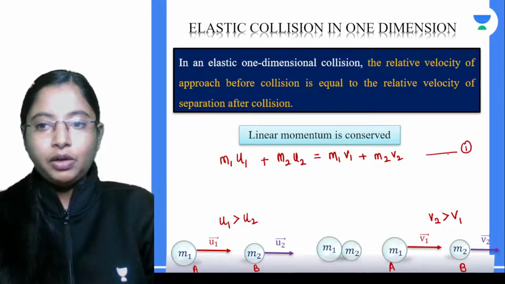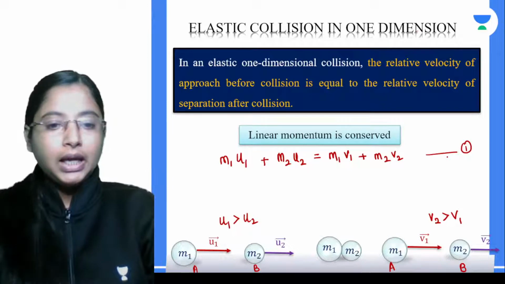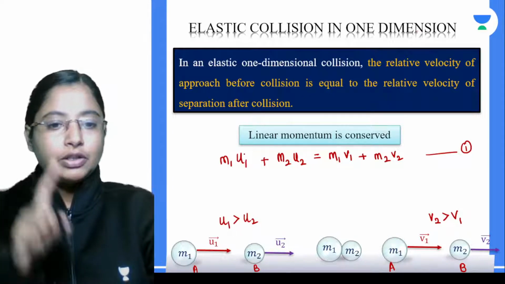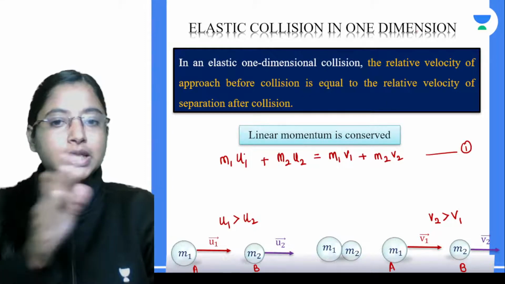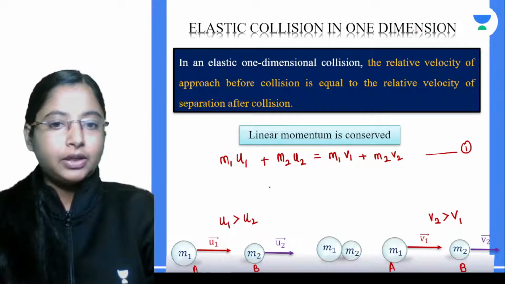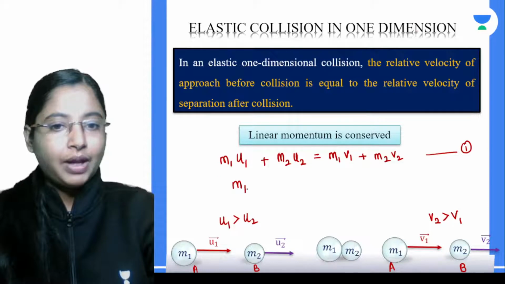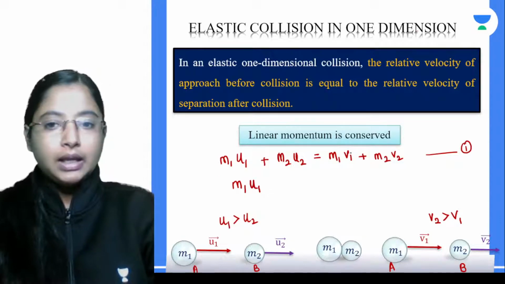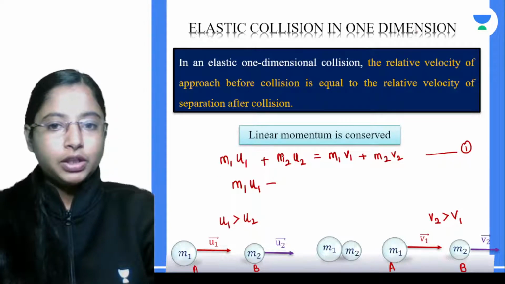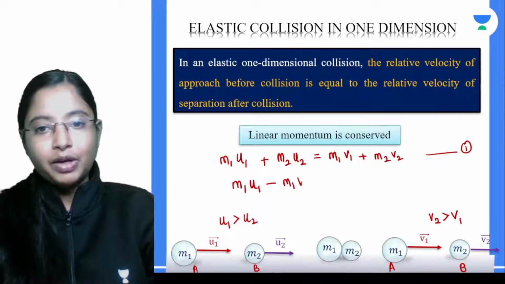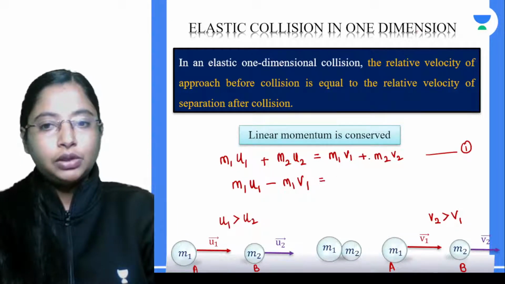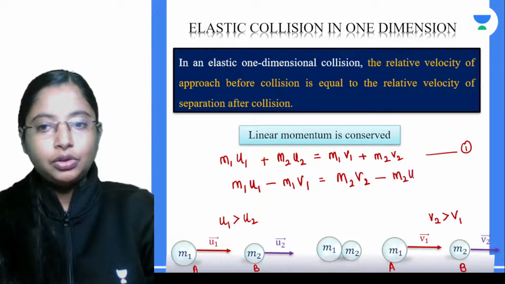Now we are going to take the terms associated with object A on one side and object B on the other side. So let's take the momentum associated with object A to one side. Here we have m1 u1, then let's take this quantity to the other side, minus m1 v1, which is equal to m2 v2 on this side, and take this to the other side, minus m2 u2.